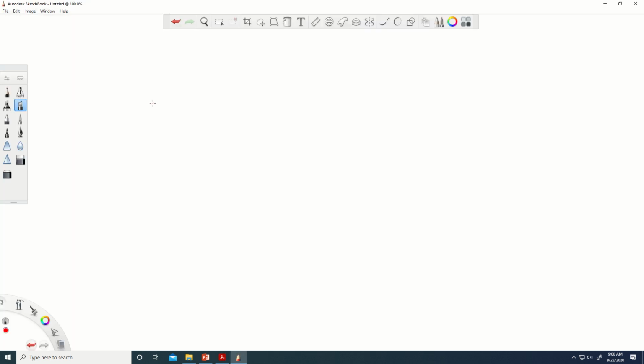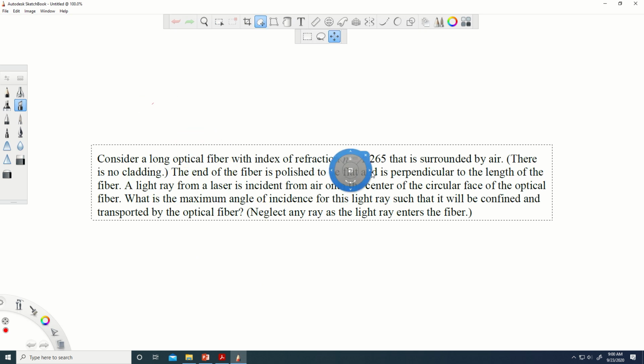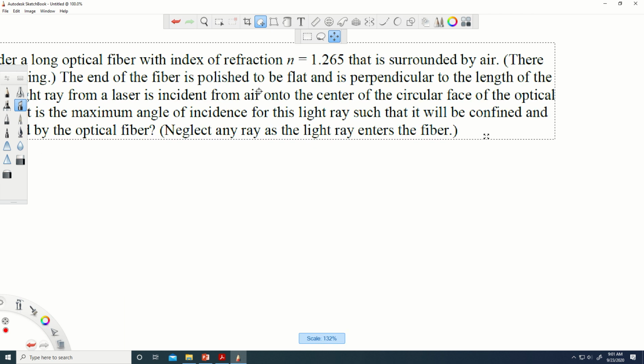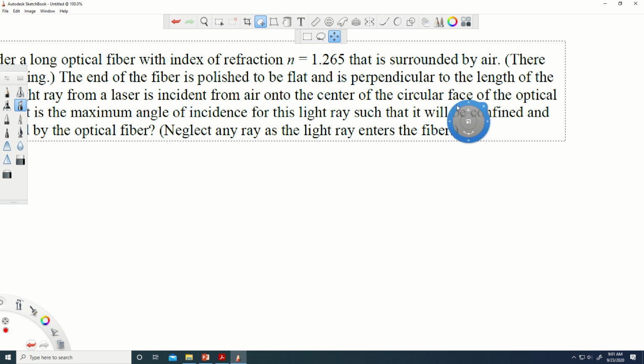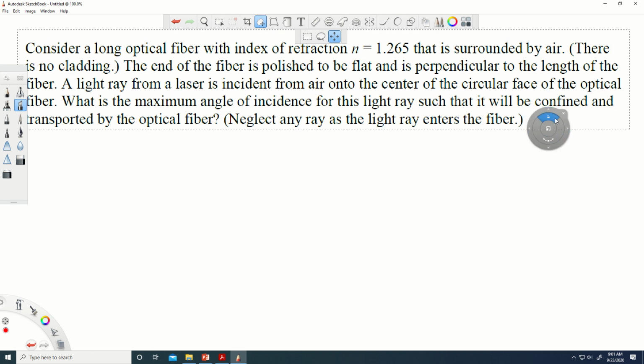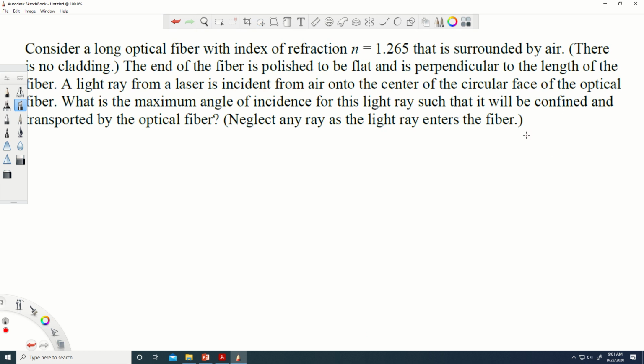So this is about optical cable or optical fiber. Let's say you have a long optical fiber that has index of refraction of 1.265.